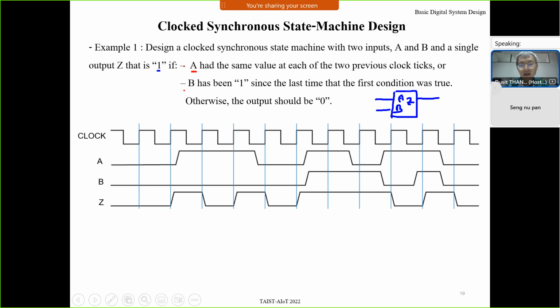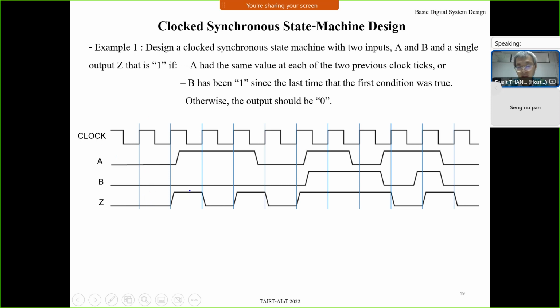If A had the same value at each of the two previous clock ticks. For example, at this point in time, the two previous clock ticks are this one and something, but now there is no previous clock, so the condition is not true, right?